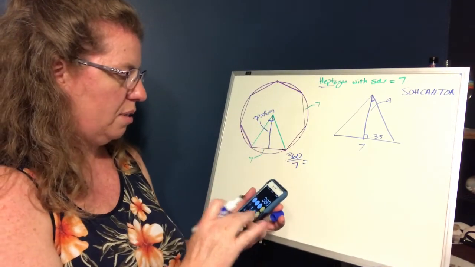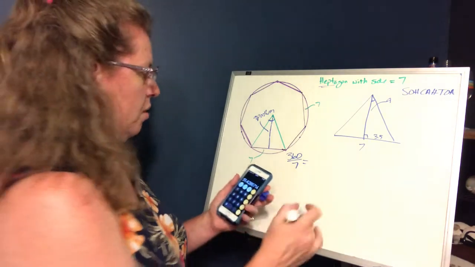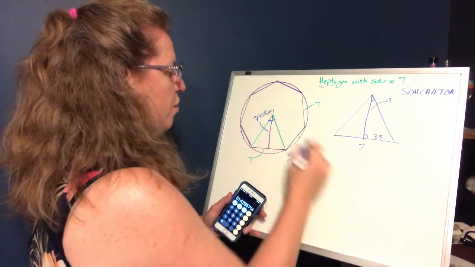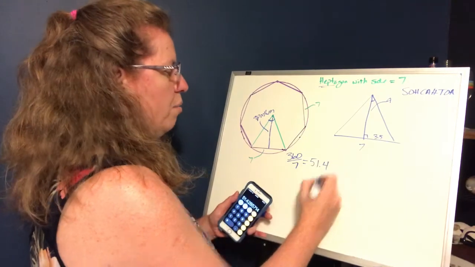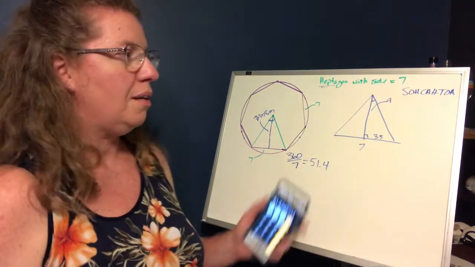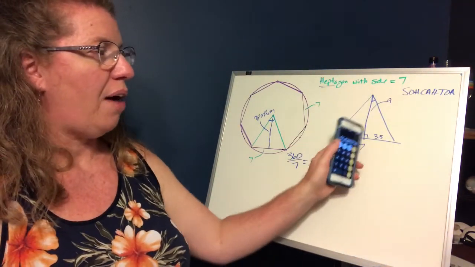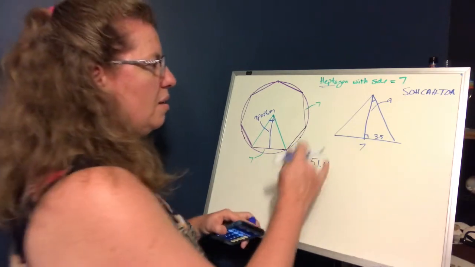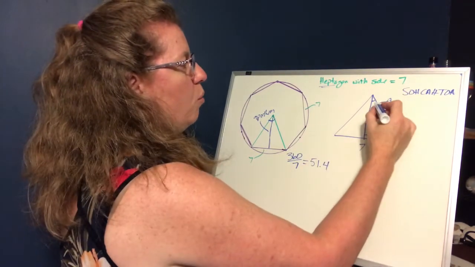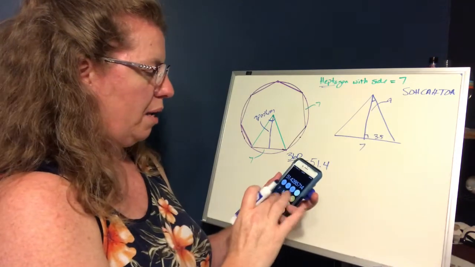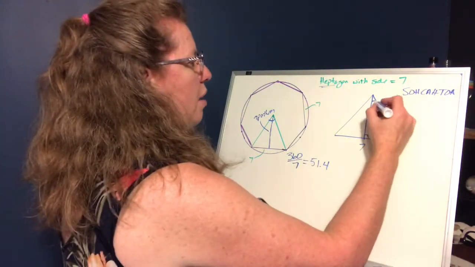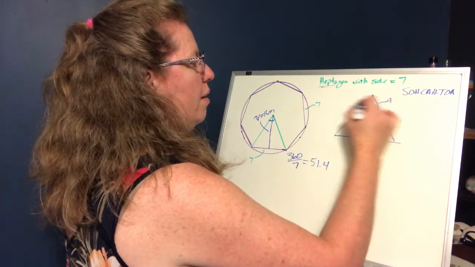Let's go ahead and do that. 360 divided by 7. So we know the angle measure for the central angle is 51.4. Now, of course, we're cutting that angle in half for our triangle, so you have to watch this. This is a couple-step problem here. The angle we're going to look at is we need to divide by 2, and we get 25. So where do we write this one?